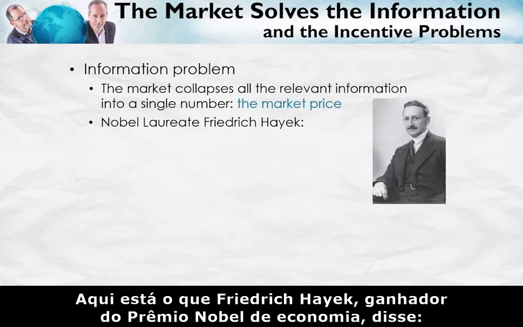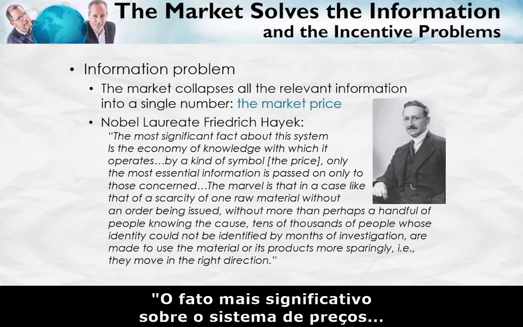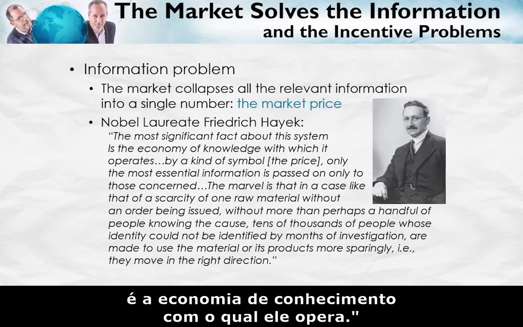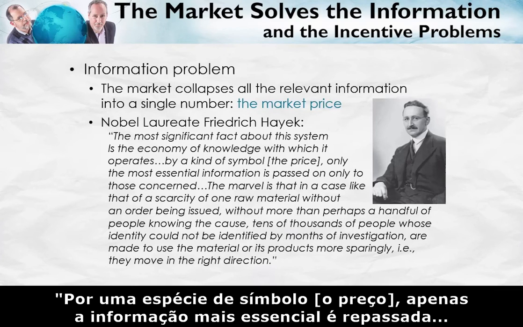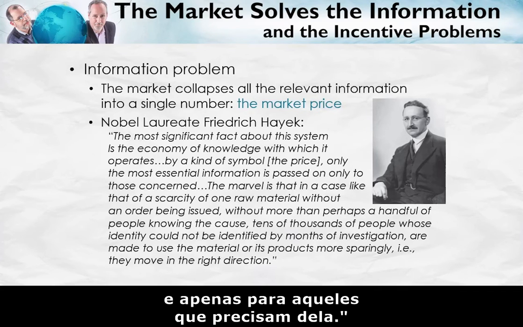Here's what Friedrich Hayek, Nobel Prize winner in economics, said, quote, "The most significant fact about this system, the price system, is the economy of knowledge with which it operates. By a kind of symbol, that is the price, only the most essential information is passed on, and passed on only to those concerned.